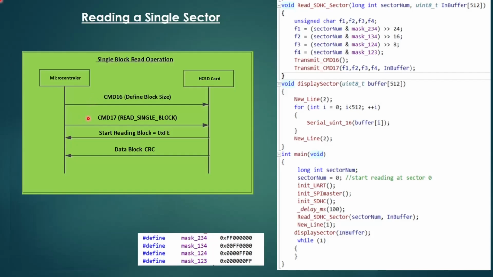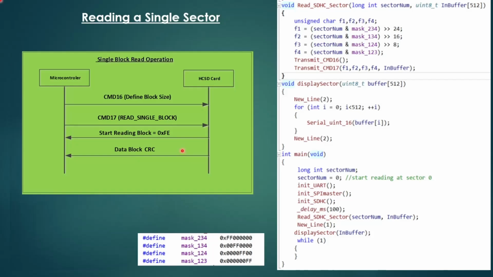Next, we have to send command 17, which says, hey, we want to read a single sector. Then we wait until we get the FE from the SDHC card, and that is followed by the block and then the CRC. So we have the data block plus the CRC.